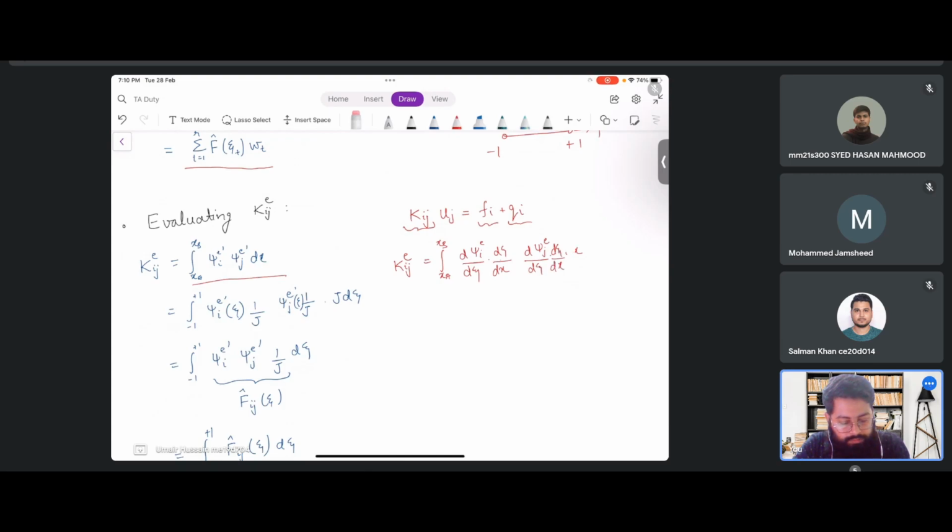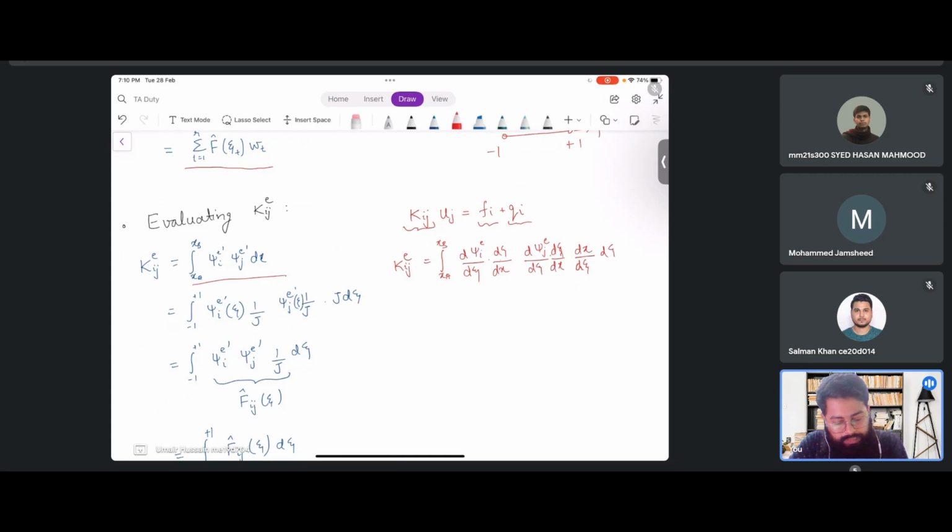And of course, this dx we want to remove, because we are now going to integrate with respect to d zeta. So I need to change this.